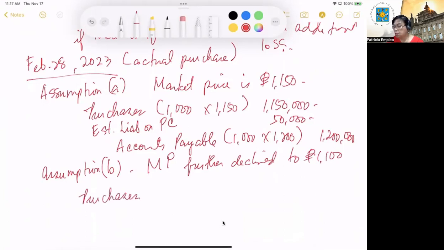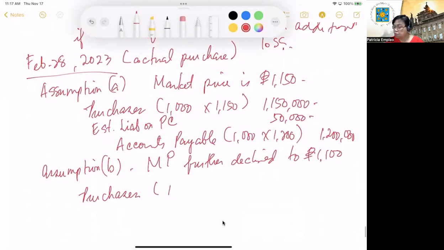At the lower between the committed price and the actual price on the date of actual purchase. And the committed price is 1,200,000, whereas the fair value or the market price at the date of actual purchase is 1,100,000. So therefore, this will be recorded at 1,000 times 1,100. So that's 1,100,000. You are to credit accounts payable at the committed price.